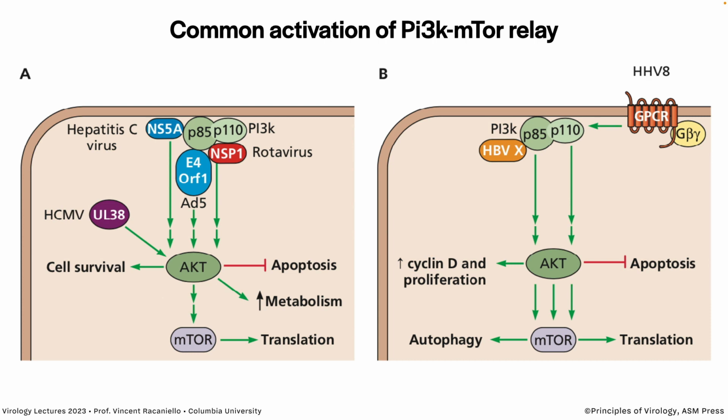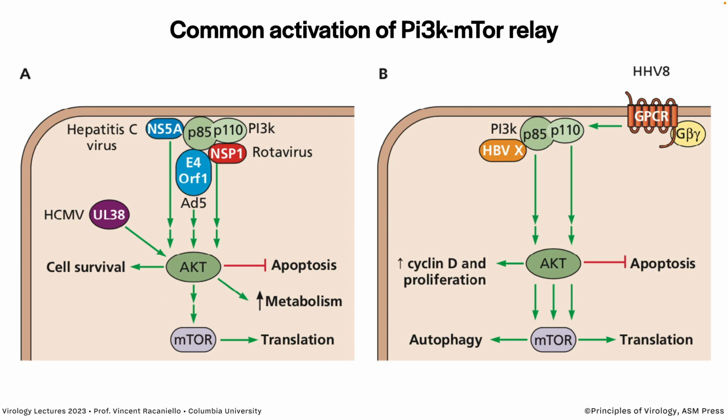PI3 kinase is a very common focal point of many of these signaling pathways. And in particular, it's upstream of what's called mTOR, which is a complex of proteins that regulates protein synthesis or translation, as you can see on this slide. And so a number of viral proteins, two different slides here, hepatitis C virus proteins, adenovirus, rotavirus proteins, all bind to PI3K and activate it and send signals down to AKT.